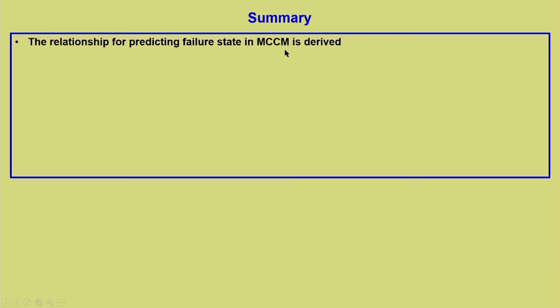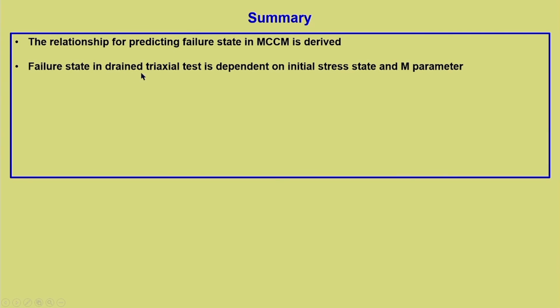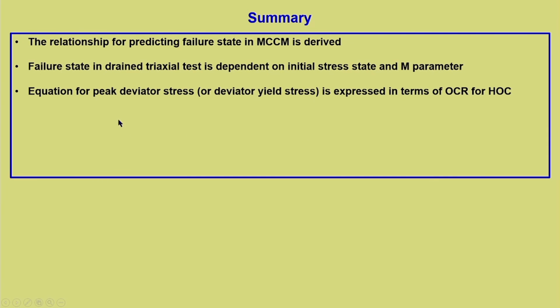We have tried to understand the various equations that can be used for finding out the failure stresses. Let us try to summarize today's lecture. The relationship for predicting failure state in MCCM is derived. Failure state in drained triaxial test is dependent on initial stress state and M parameter.